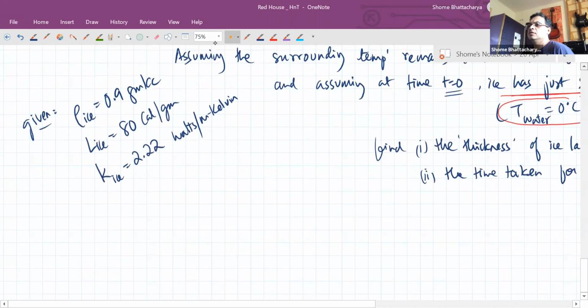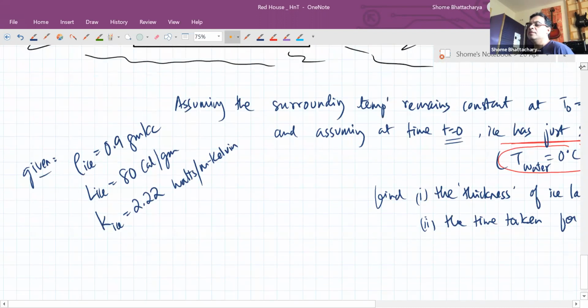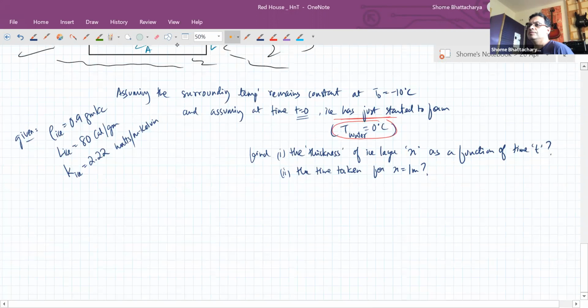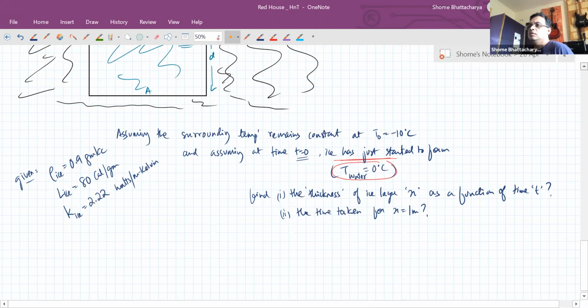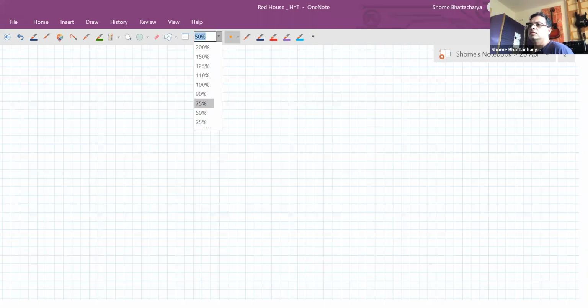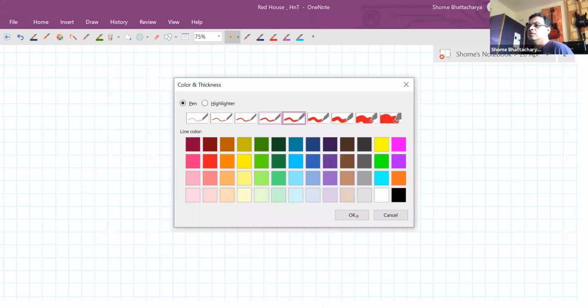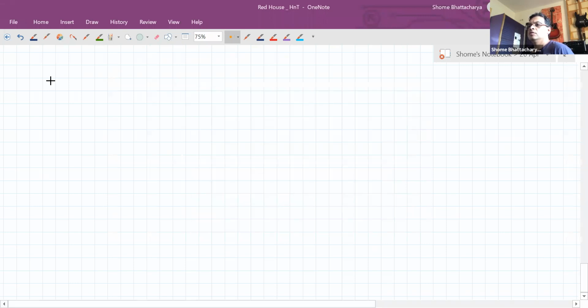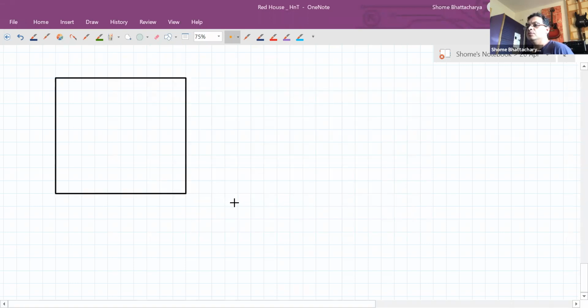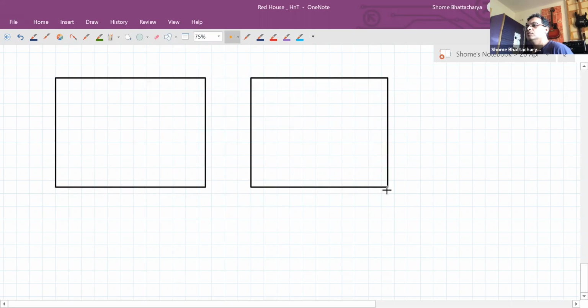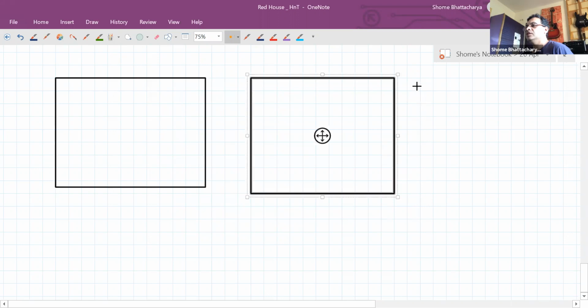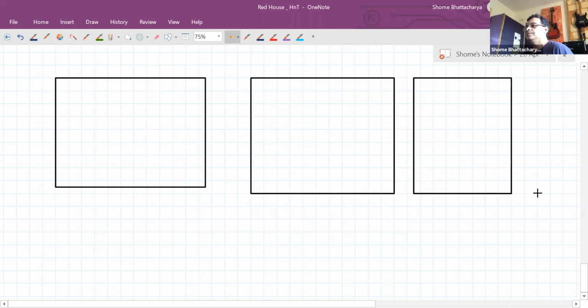So just a minute, I'll need the diagram from above, so I'll just make a rough diagram. I'm just going to concentrate on the water body. I'll compare it at 3 different times: t equal to 0, some time after that, and some very short time after that.